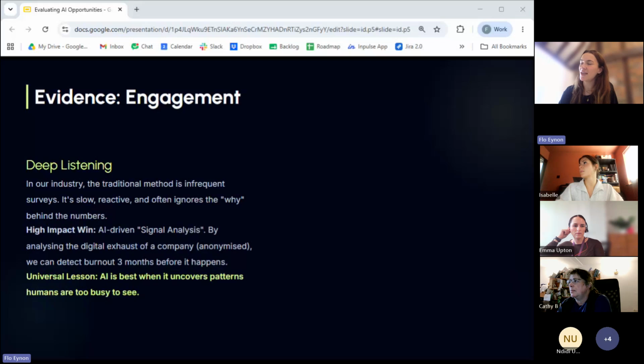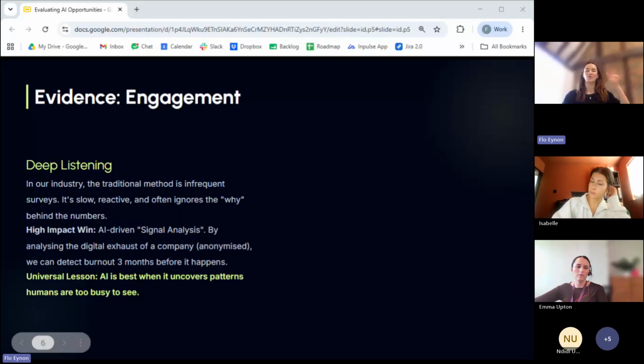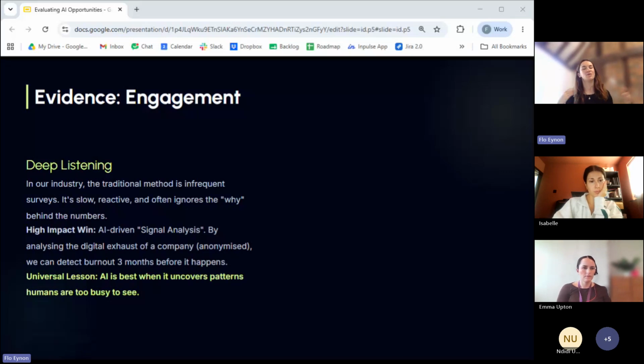So here is an example from employee engagement. Historically, in our sector, employee engagement relies really heavily on surveys. So an organisation might run one huge survey each year, collect thousands or tens of thousands of responses, and then there's a whole team that spends weeks analysing the results and then giving those reports to senior leaders and managers.